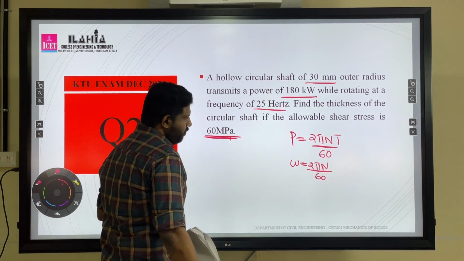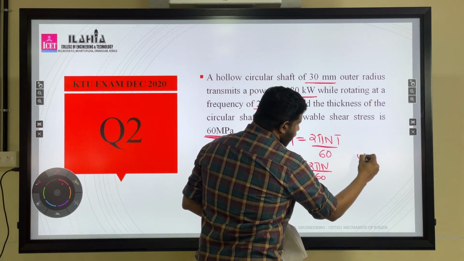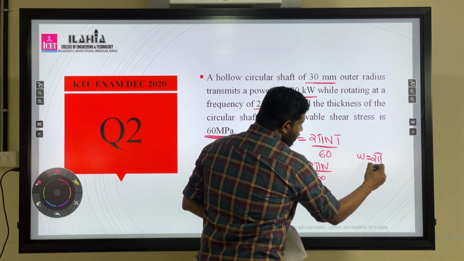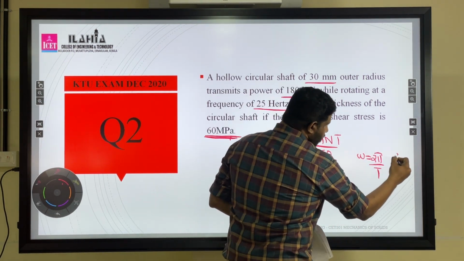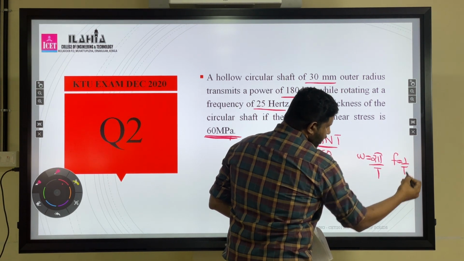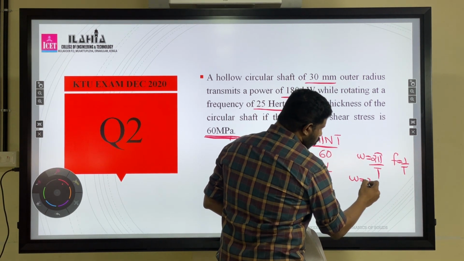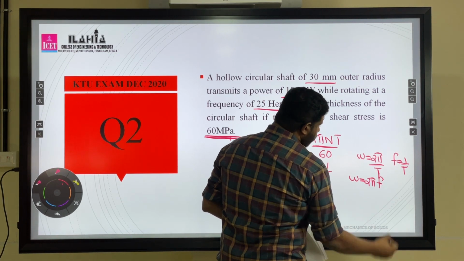Okay, and we also have another equation. Omega is equal to 2 pi by t, t for time period, and we know that frequency is 1 by t. So this equation changes: omega is equal to 2 pi into f.